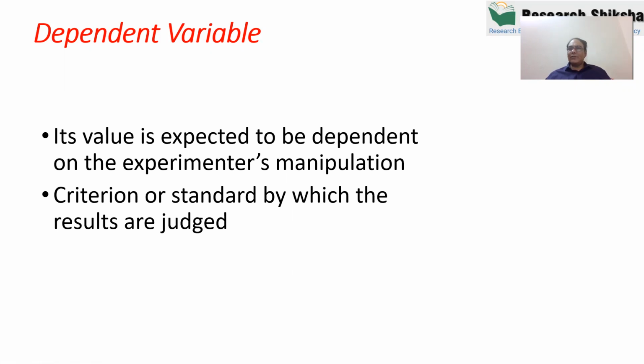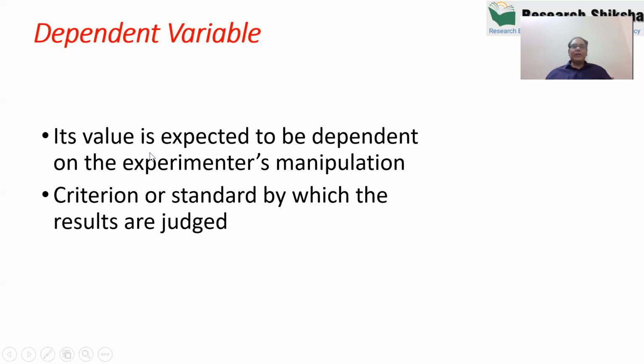So this is the dependent variable. Basically, impact. So what is the impact? Impact means in education, the impact may be in learning, in teaching effectiveness. In psychology, the impact may be in the form of motivation, or impact may come in the performance basis. So this is the dependent variable, right?